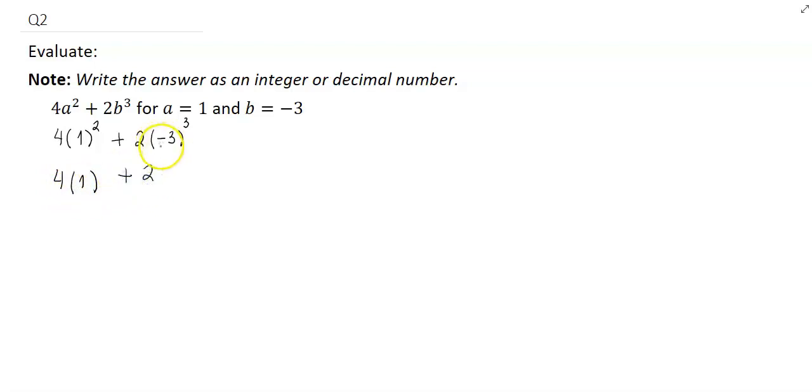2. Now I have negative 3 to the 3rd power. Let's see, what is negative 3 to the 3rd power? Negative 3 multiplied by itself 3 times. So let's look at the signs first. This is negative and this is another negative. Multiplication of two negatives becomes a positive.